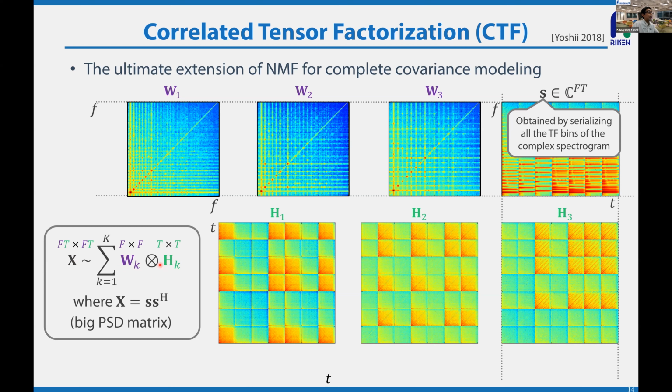To do that, we can use a technique developed for independent vector analysis. IVA is one of the very popular techniques for multi-channel blind source separation.